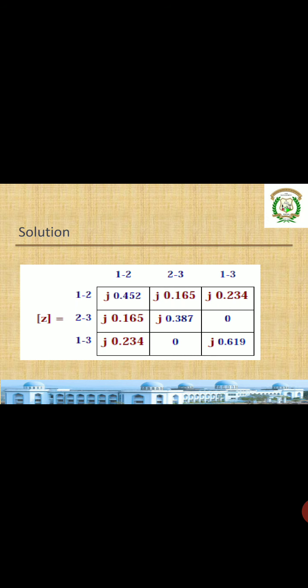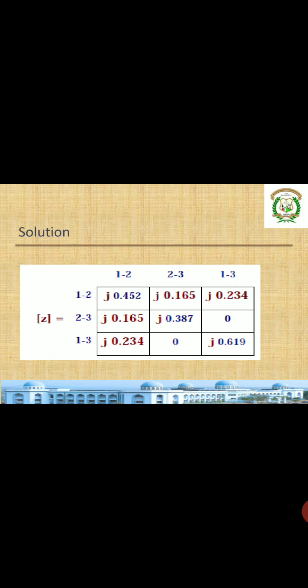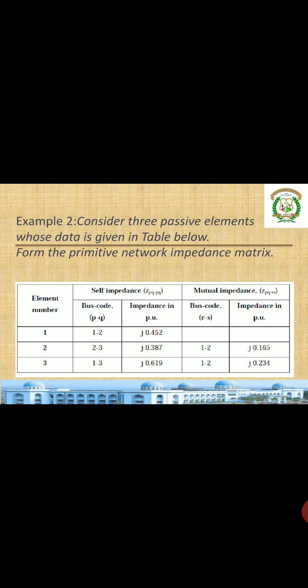Coming to the mutual values, element 1-2 has a mutual value with 2-3, and 2-3 has a value with 1-2 as well. So I have written 0.165 in the positions 1-2 to 2-3 and also 2-3 to 1-2. At the same time, element 1-2 has one more mutual value with 1-3, with value j0.234.